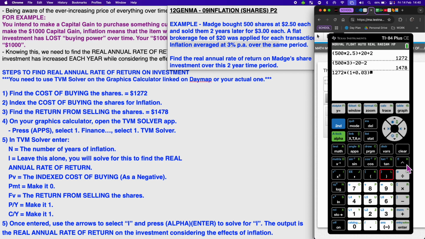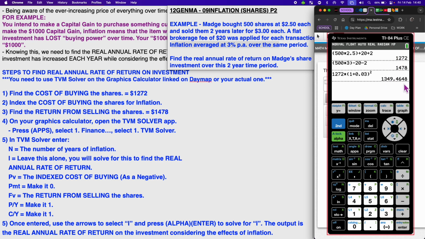This button here, that little pyramid, that's the to the power of button on the calculator. How many years did it inflate for? 2. So to the power of 2. So that's the cost of buying after 2 years. What did it cost me to buy? 1272.